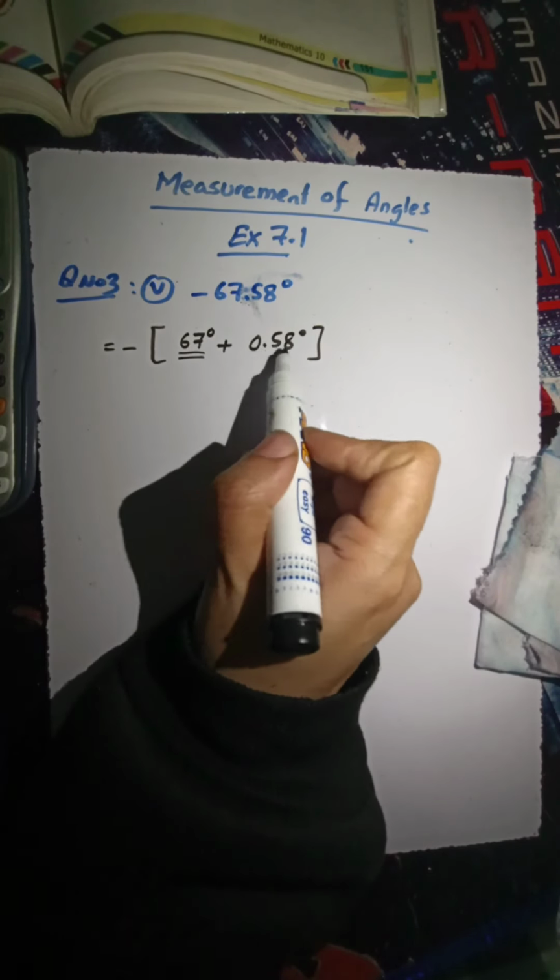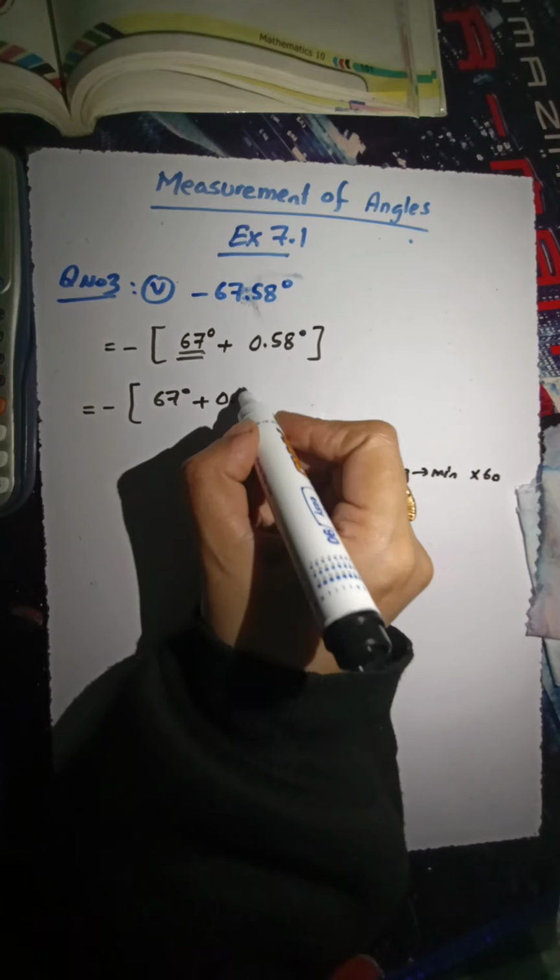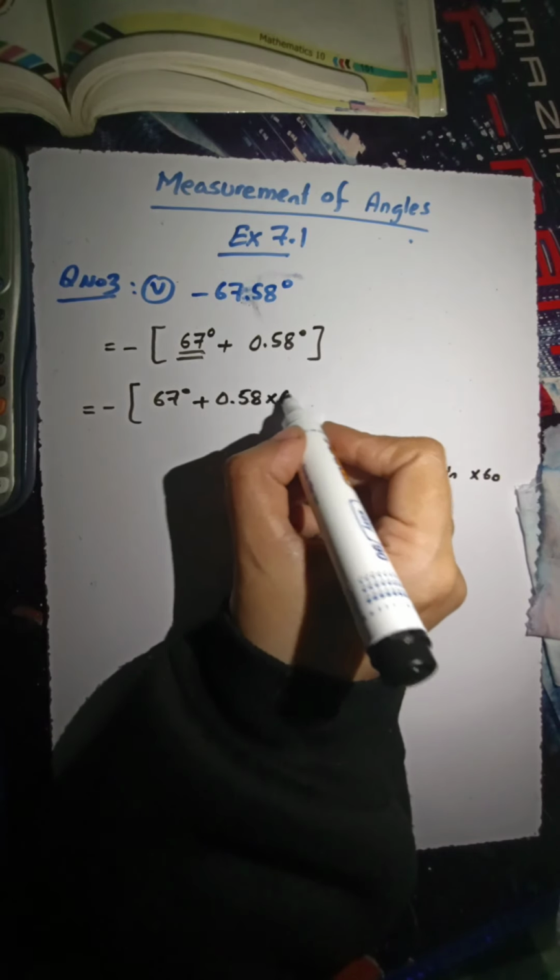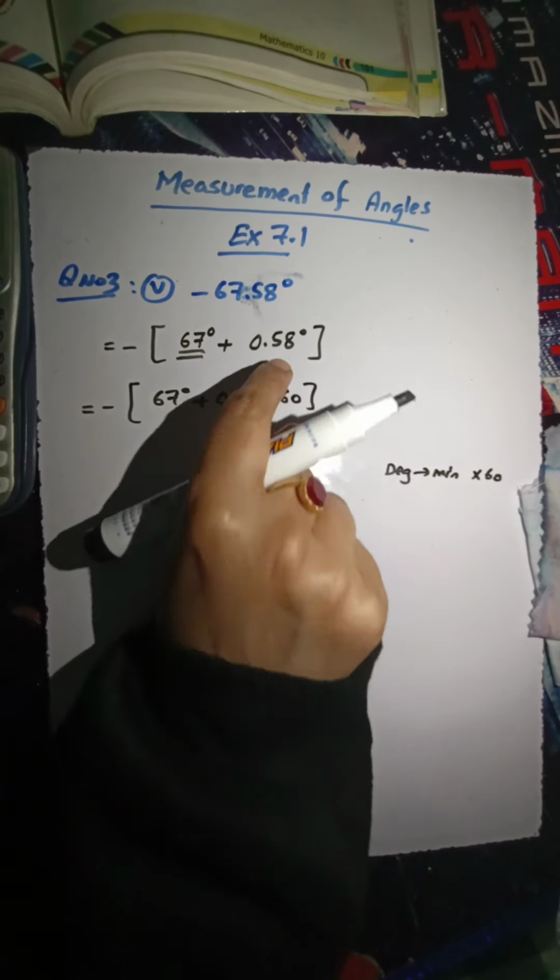In order to convert into minutes and seconds, we know that when degrees are to be converted to minutes, we multiply by 60. So I am going to multiply this number by 60 in order to get the number of minutes in this many degrees.